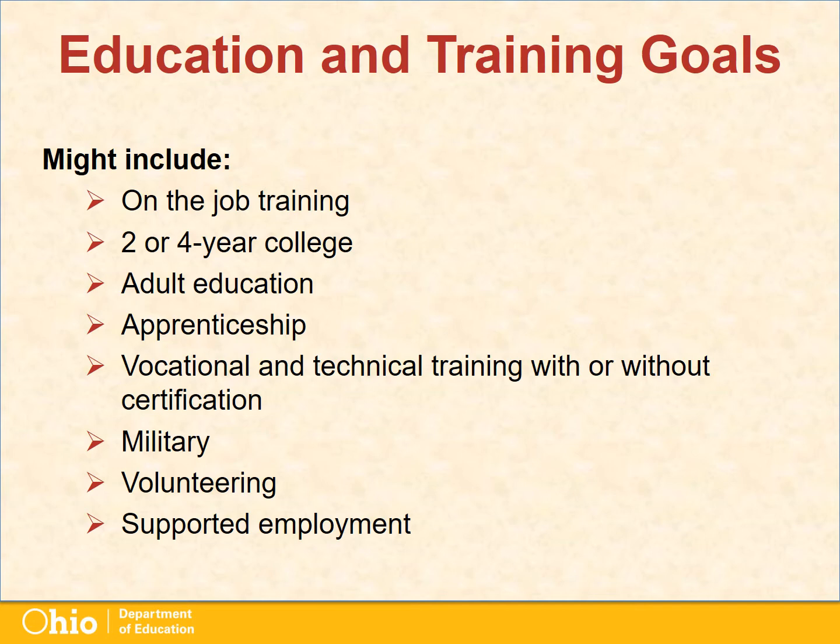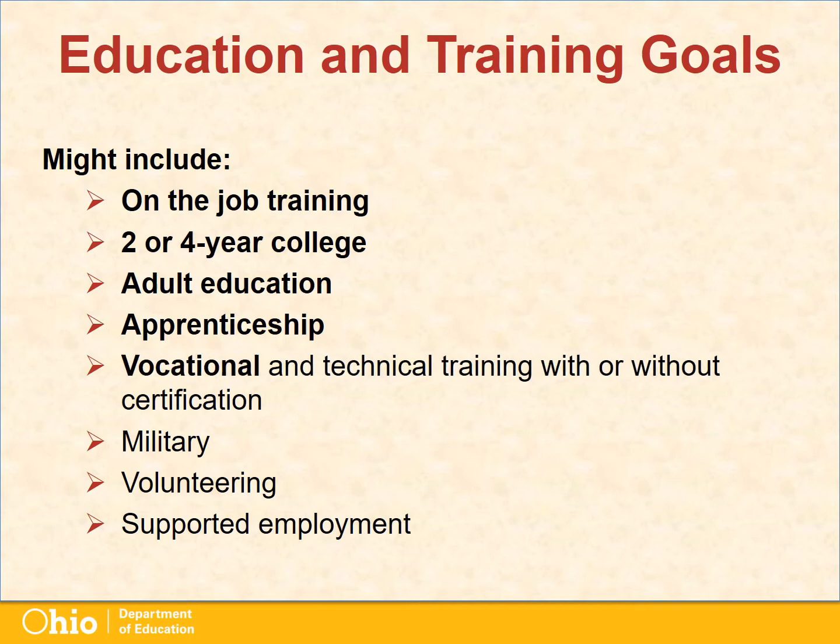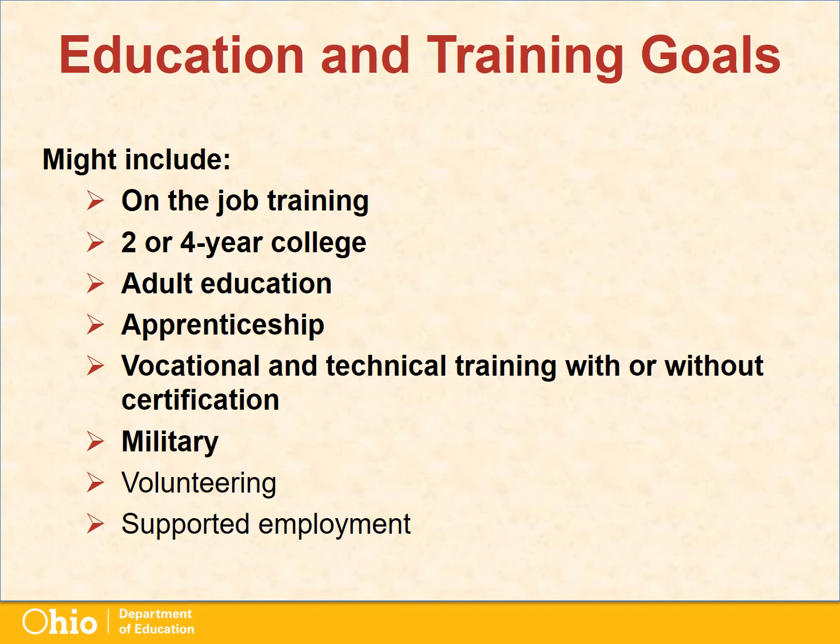Education and training goals address a variety of outcomes, including but not limited to on-the-job training, 2- and 4-year colleges, adult education opportunities, apprenticeships, vocational and technical training with or without certification, military, volunteering, or supported employment.